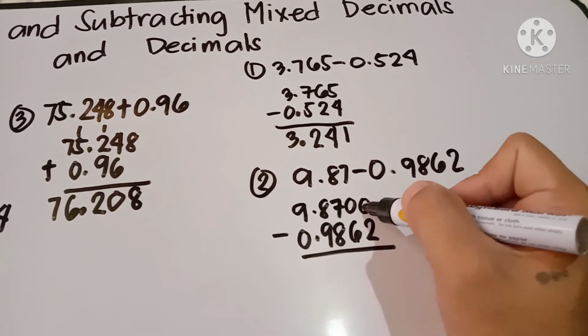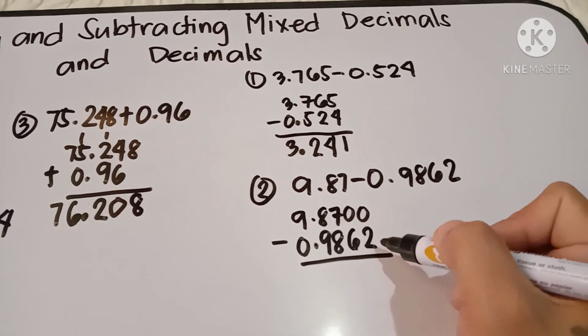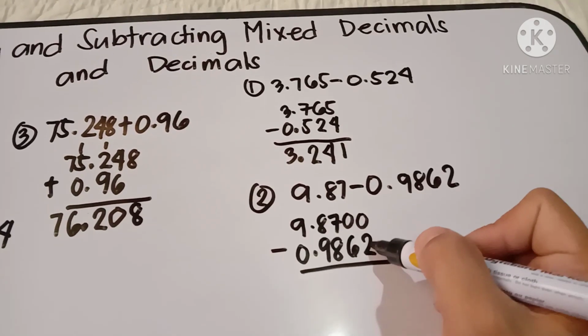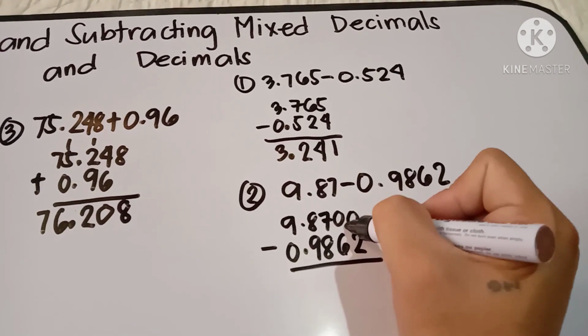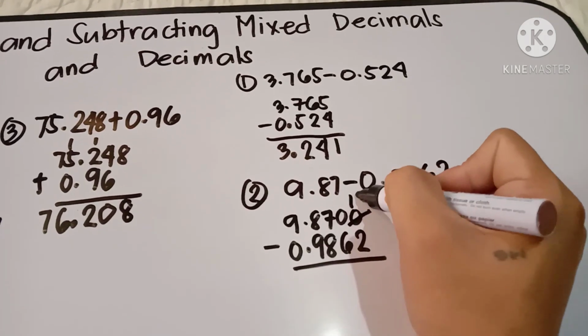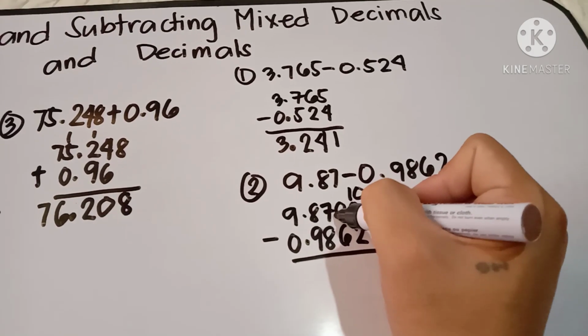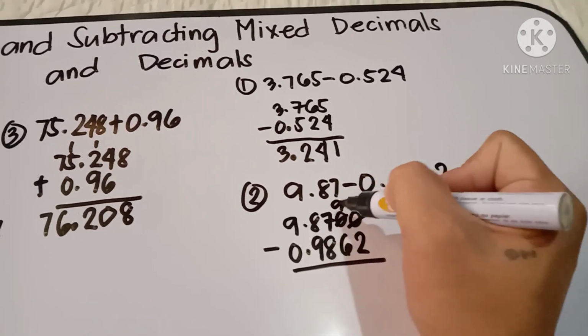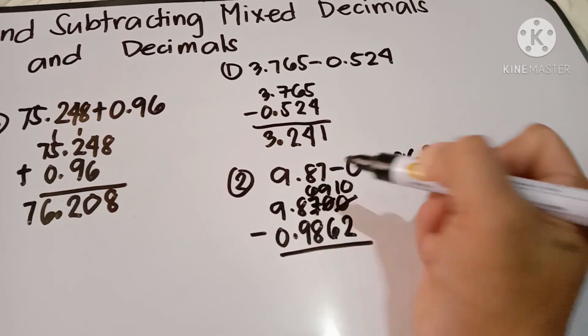Okay, then 0 minus 2 is what? Okay, cannot be. So we cannot subtract 2 from 0. So we are going to regroup. So this 0 will become 10. And the next 0 at the left will become 9. And the whole number 7 will become 6.